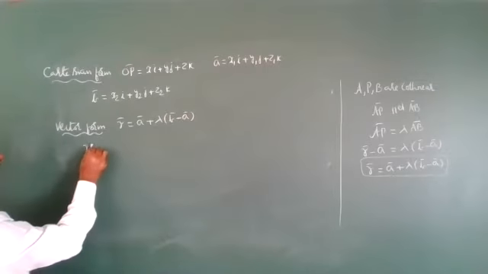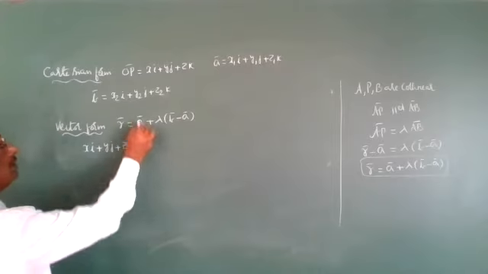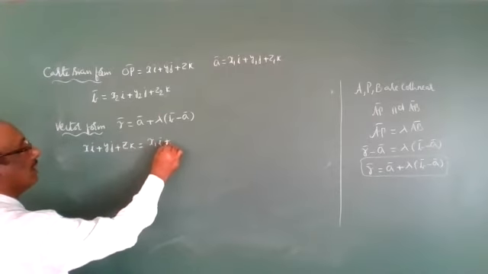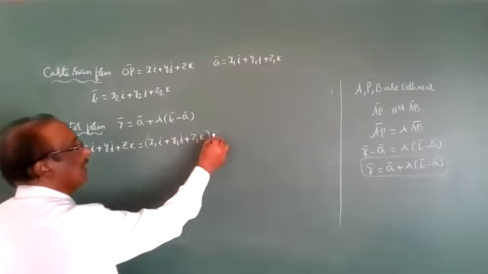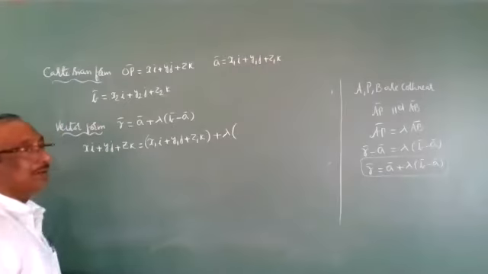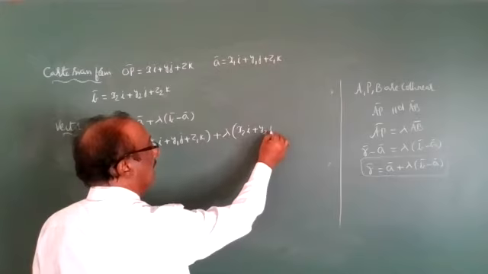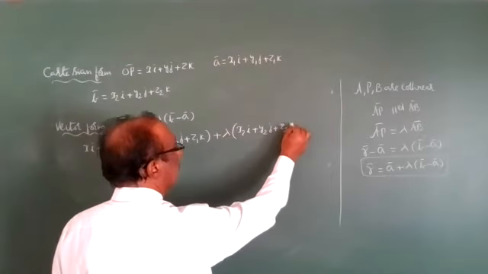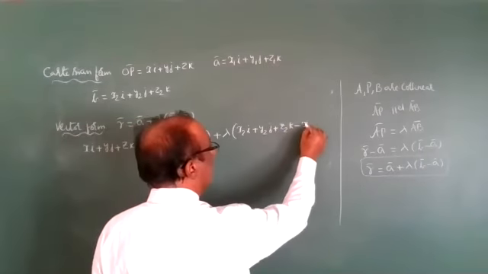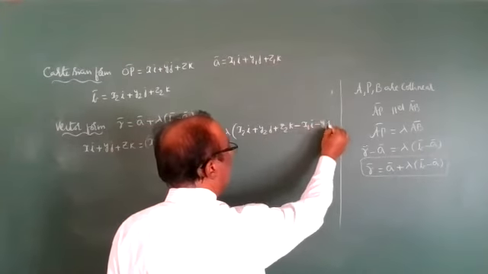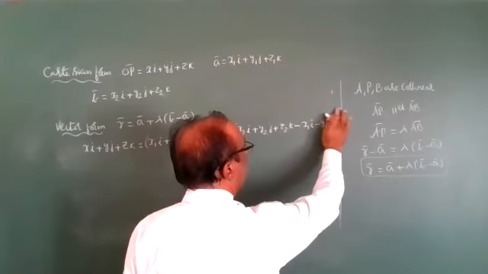In place of R bar write xi plus yj plus zk, and in place of A bar write x1i plus y1j plus z1k, plus lambda into (x2i plus y2j plus z2k minus x1i minus y1j minus z1k).